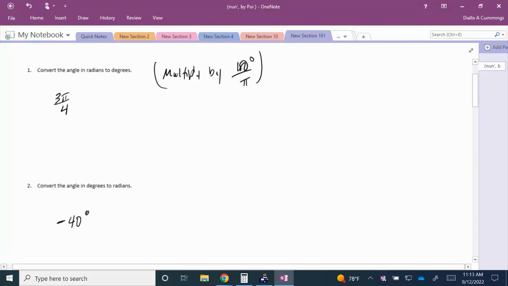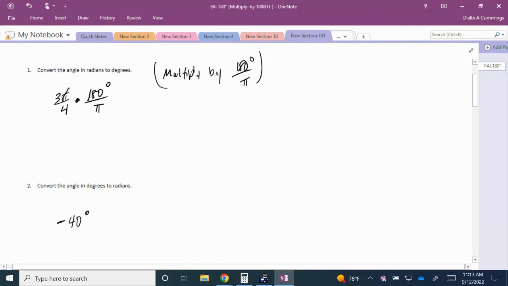So if we were asked to convert 3 pi over 4 radians to a degree measure, we would simply multiply 3 pi over 4 by 180 degrees divided by pi.